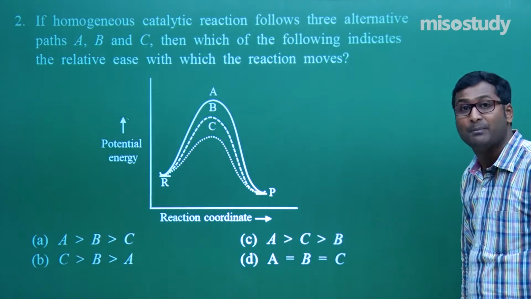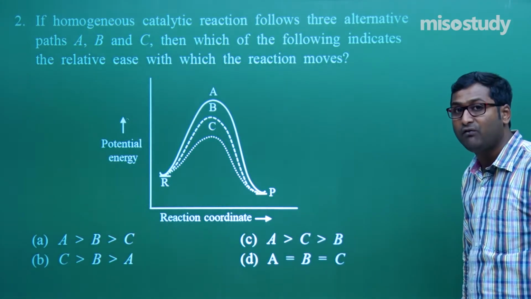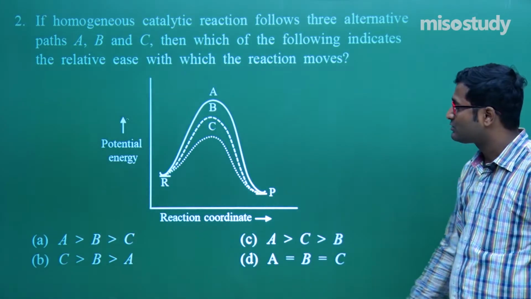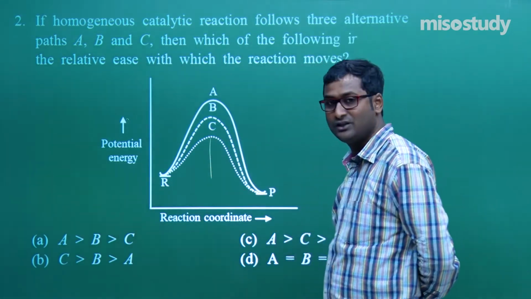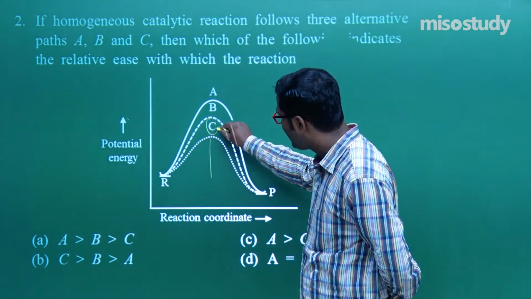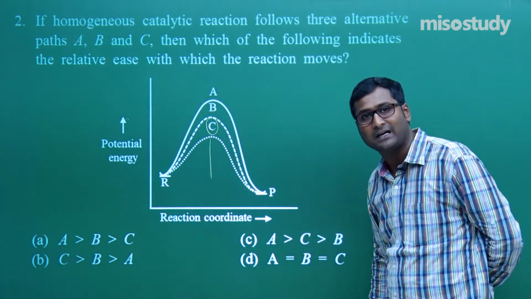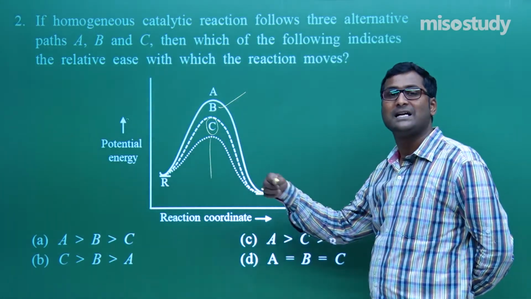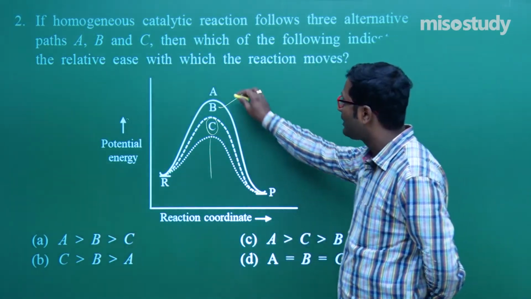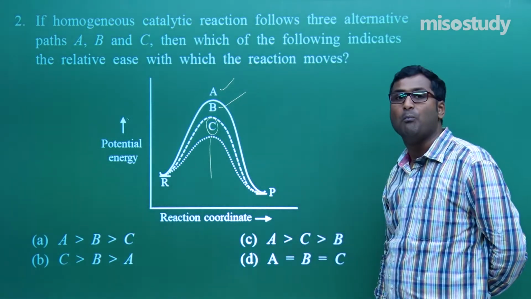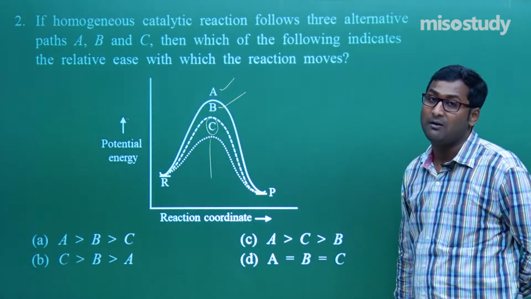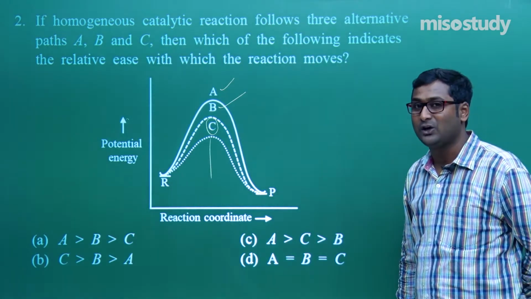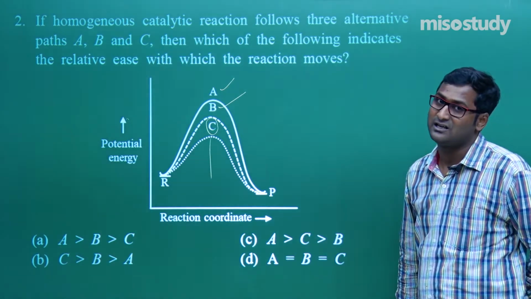By using the graph during my lecture, I have discussed, if we draw the graph between potential energy and reaction coordinate, this slope will give you the activation energy. Look at it, if I talk about C, it requires less activation energy to proceed. If I talk about B, it will require slightly more than C. And if I talk about A, it will require more activation energy in comparison to B and C.